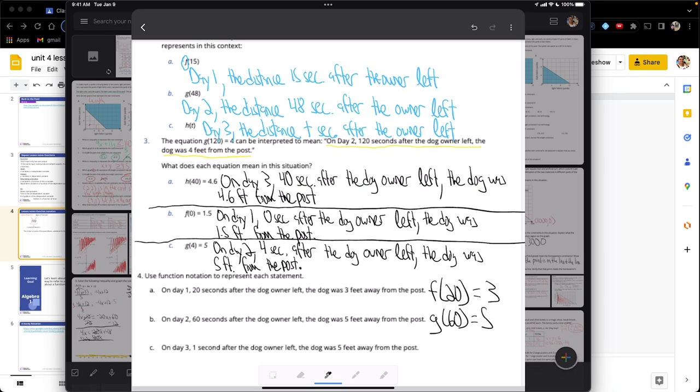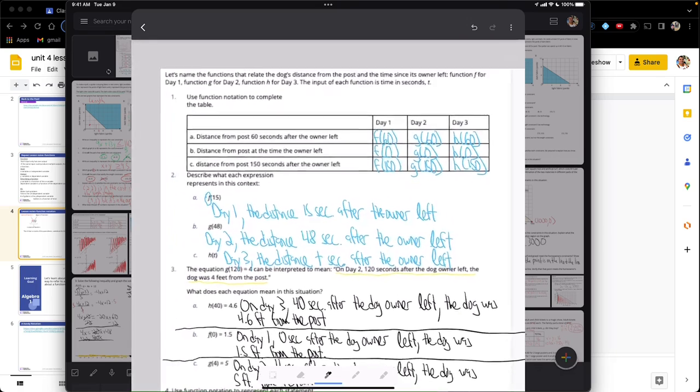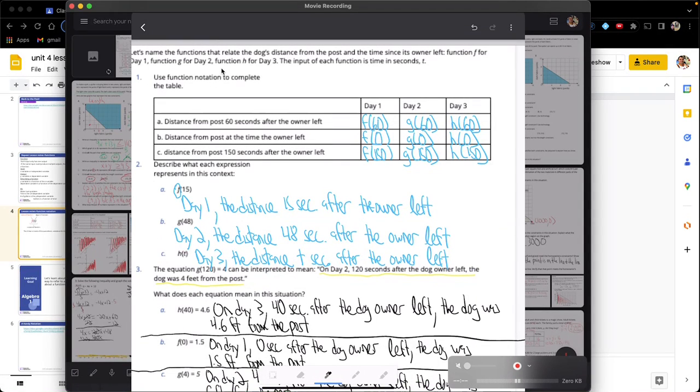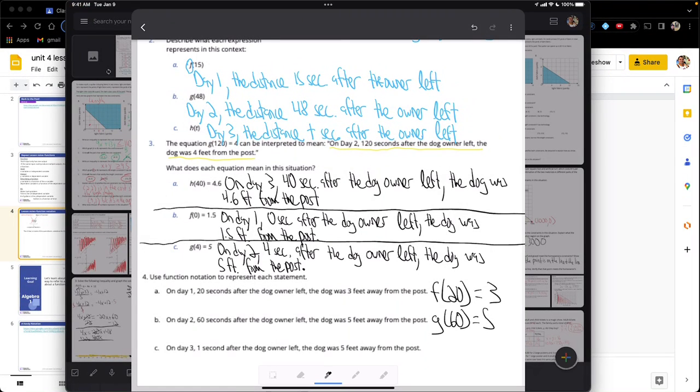Okay. On day 3, 1 second after the dog owner left, the dog was 5 feet away from the post. So remember, according to up here, day 3 was function H. So that's going to be function H. The time is 1 second.